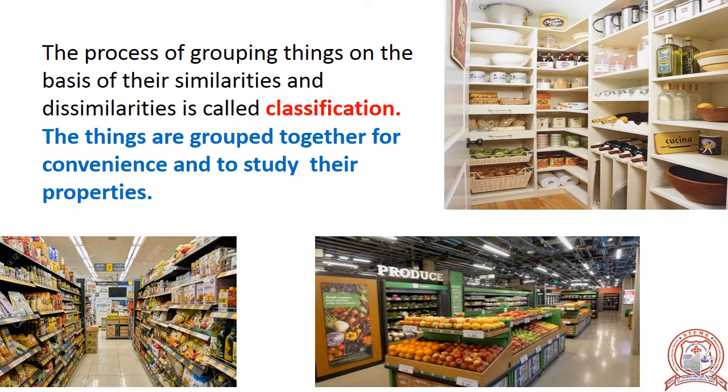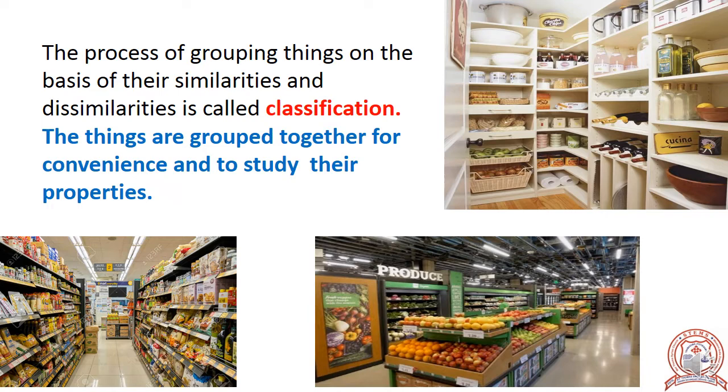Similarly, for keeping books, we have a study table or study cupboard. Book rack we have, right? So, there is a specific place for everything. So, the process of grouping things on the basis of the similarities and dissimilarities is called classification.